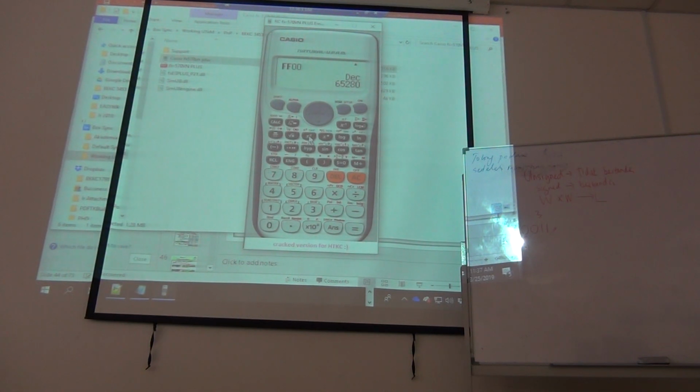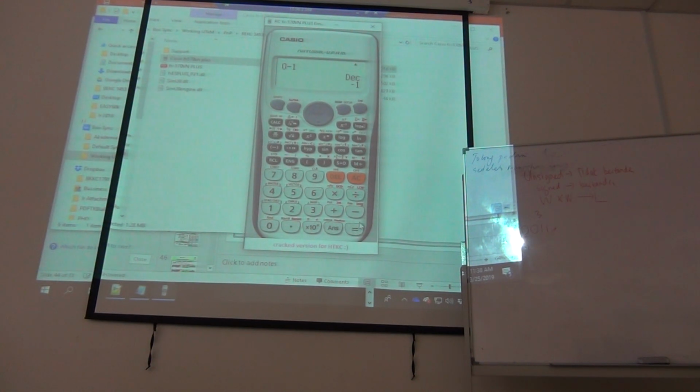So how? Let's try one number: negative 1 in two's complement. In decimal, I have a negative value, 0 minus 1.